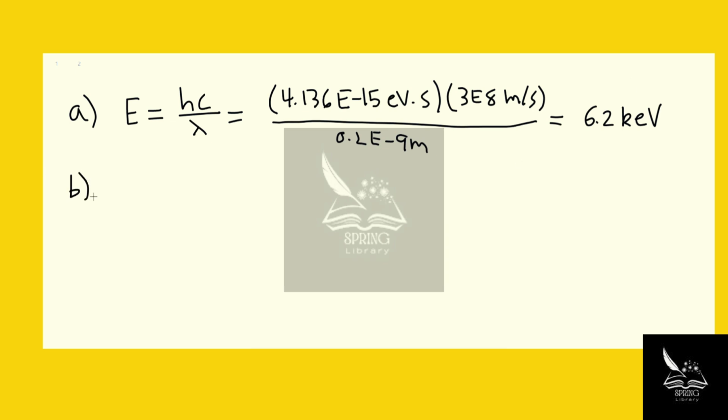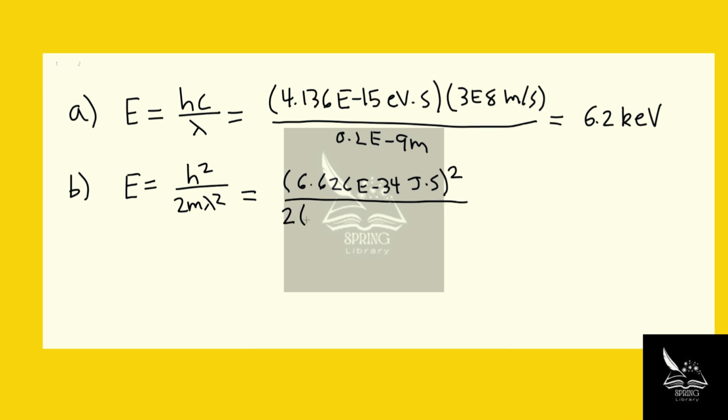For the second part, we're actually considering a particle with mass, an electron. So we have E equals h squared over 2m lambda squared. Using the same h in joules this time, 6.626 e to the negative 34 joule seconds instead of electron volt seconds.